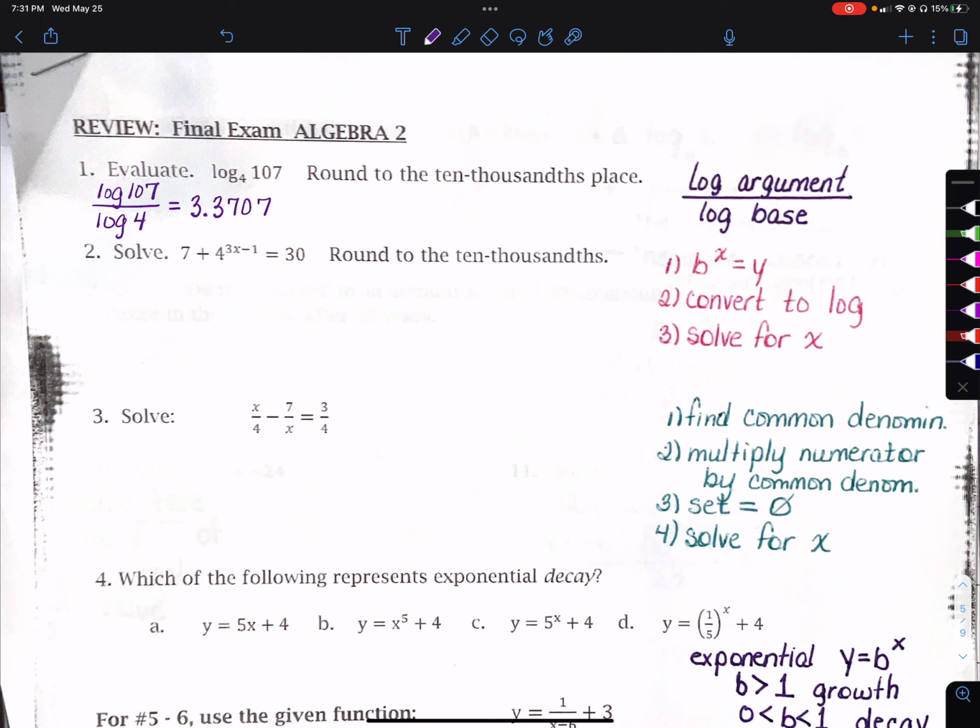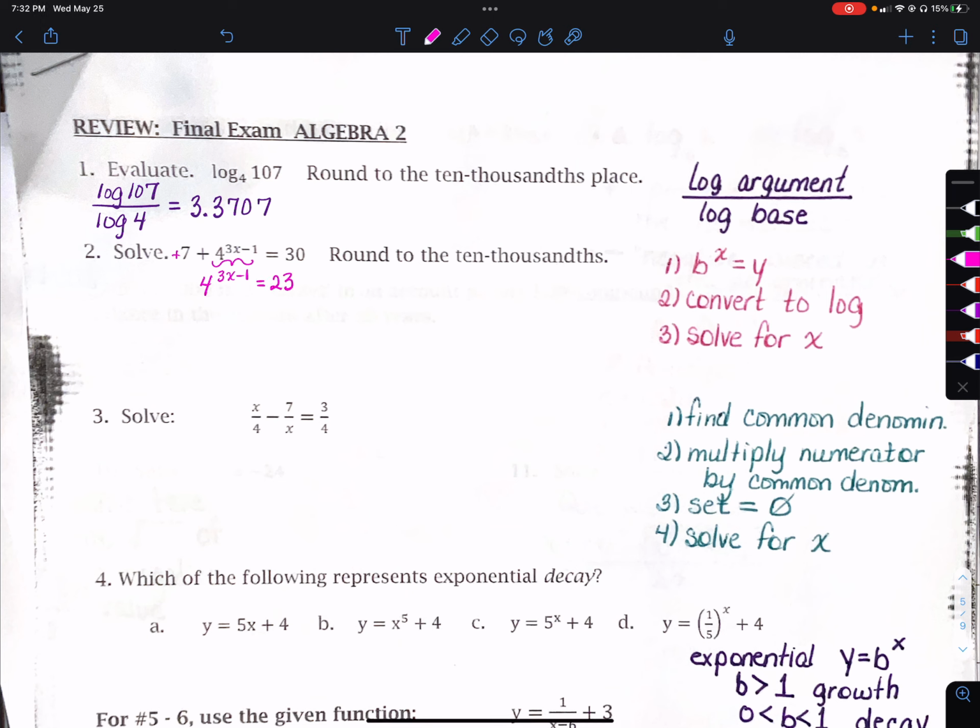All right, so for number 2, what we are going to be doing on this one is we are going to go ahead and solve this one. So before I can solve it, I need to get the base and the exponent by itself. So this is a positive 7 here, so I'm going to go ahead and subtract that from both sides. So I will have 4 to the power of 3x minus 1 equals 23.